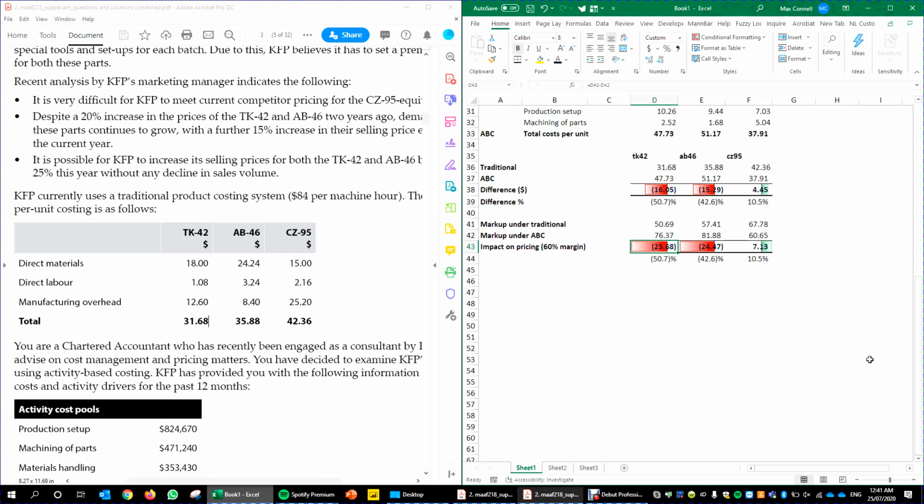Using those amounts, CZ95 under the traditional has a costing of 42.36. Under ABC, it's 37.91. This is higher than its true cost by 4.45, which means we're probably overstating the true cost by $4.45, or a difference of 10.5%. So really go into that level of detail in your written answer.